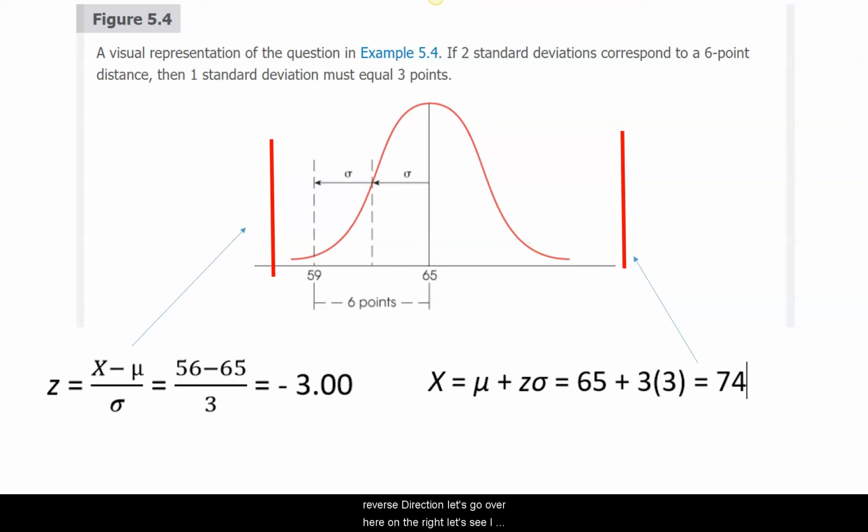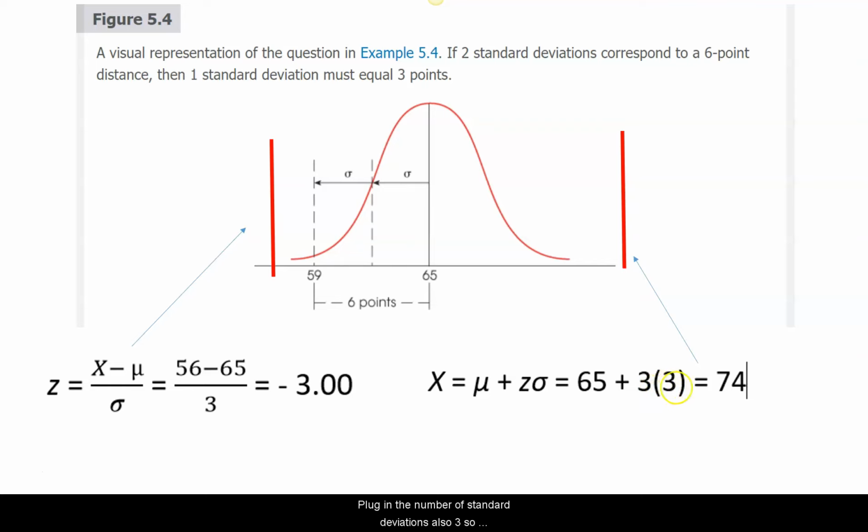Could I go the reverse direction? Let's go over here on the right. Let's say I just told you I had somebody in the office today, if I were an ophthalmologist, that person was 3 standard deviations above the mean in terms of age of developing cataracts. Well, can I convert that and get a raw score? Sure. 65 we know, the standard deviation is 3.